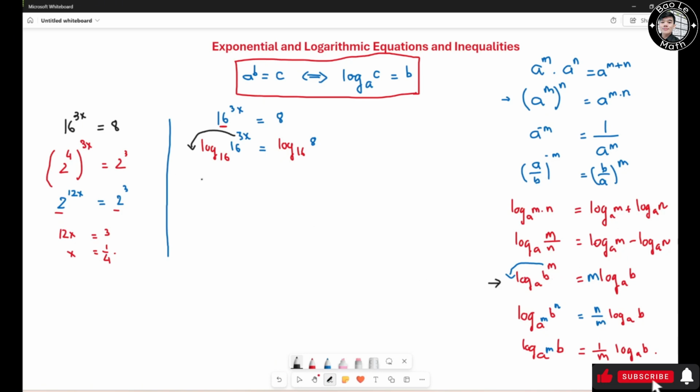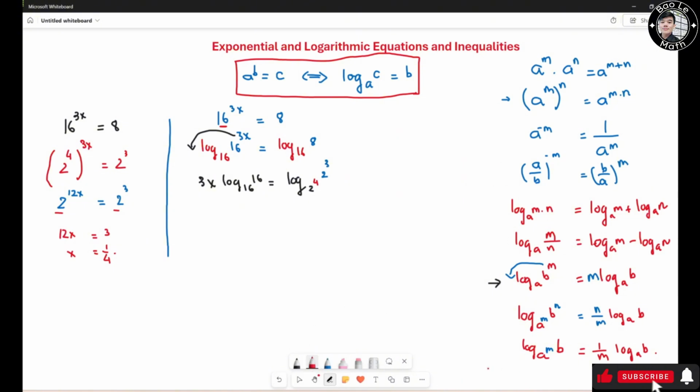Now 3s I bring to the front by using the formula right here. So I have 3s log base 16 of 16 equals. Now 16 I can write as 2 to the power of 4, and 8 I can write as 2 to the power of 3.